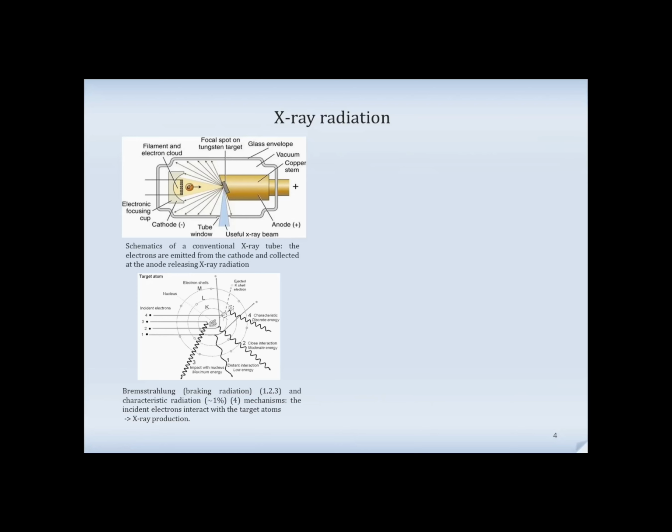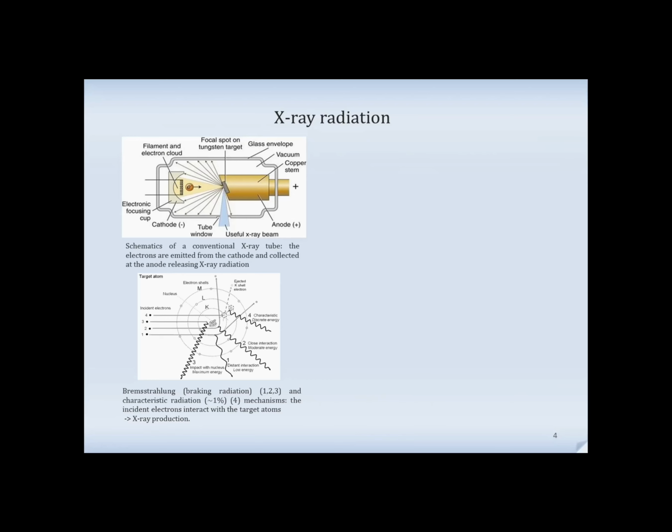So it's not a really effective process because there are a lot of different processes, but we are interested only in this one, the fast electron which collides with the K-level electron in the atom of the anode material, and as a result of this interaction, we have so-called characteristic radiation. Characteristic means it characterizes the material of the anode.